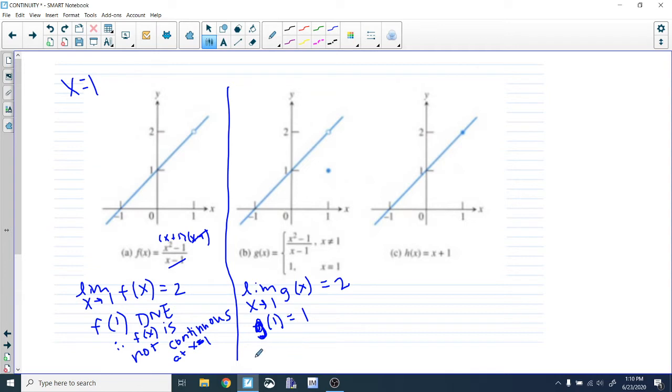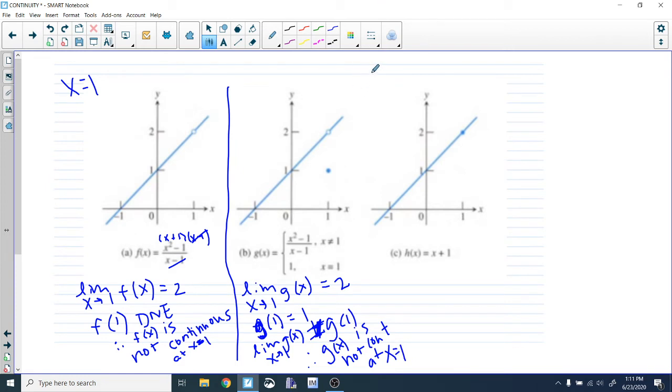However, they are not equal. The limit of g of x as x approaches 1 does not equal g of 1. So therefore, g of x is also not continuous at x equals 1.